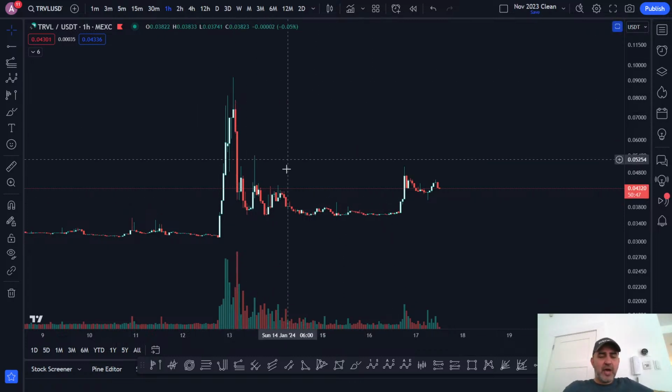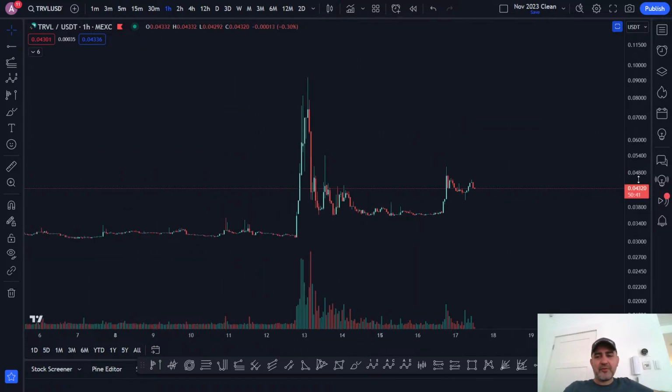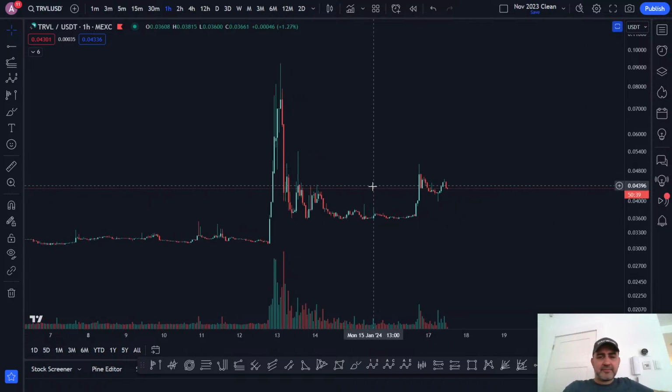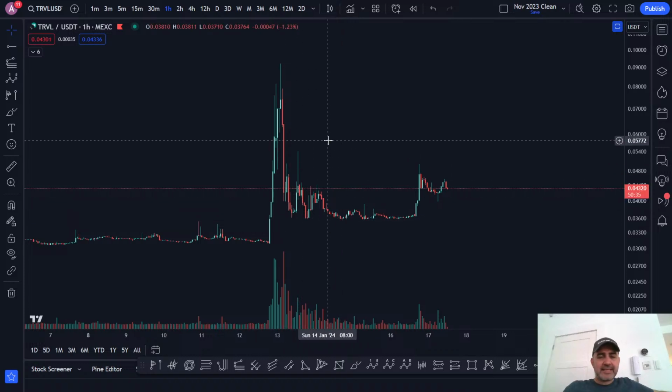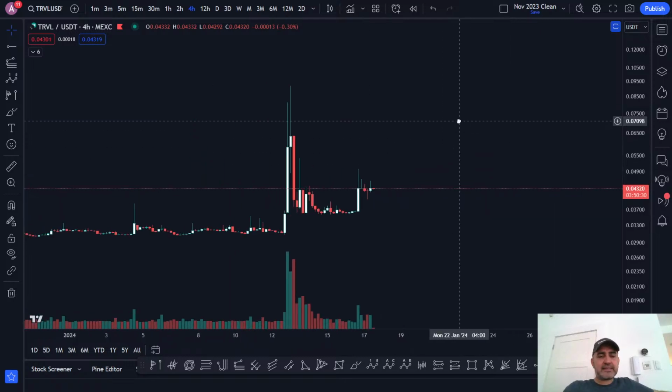And this is usually what happens after some kind of explosion. The price needs to settle, it needs to figure itself out. It needs to form some sort of range. And then we can start seeing if anything is forming in the price to determine what could happen later on.